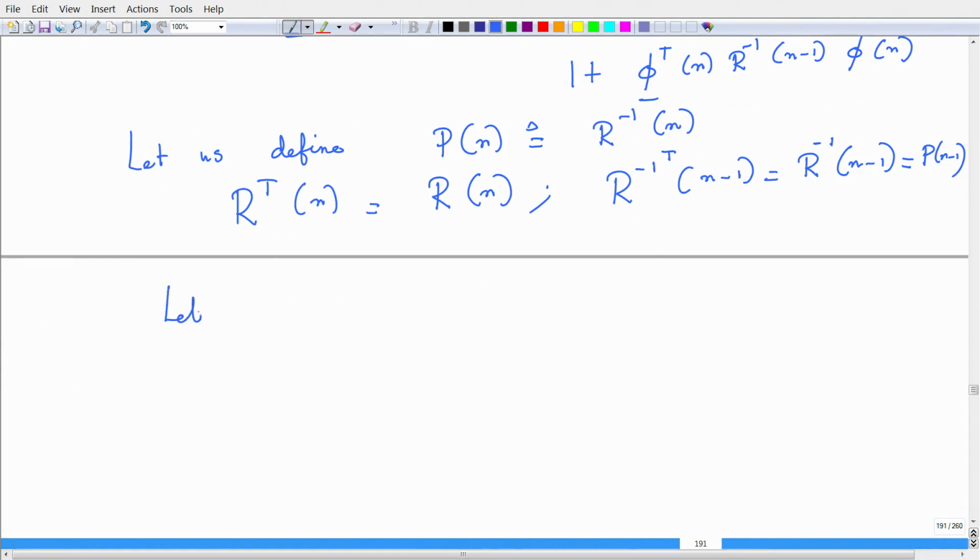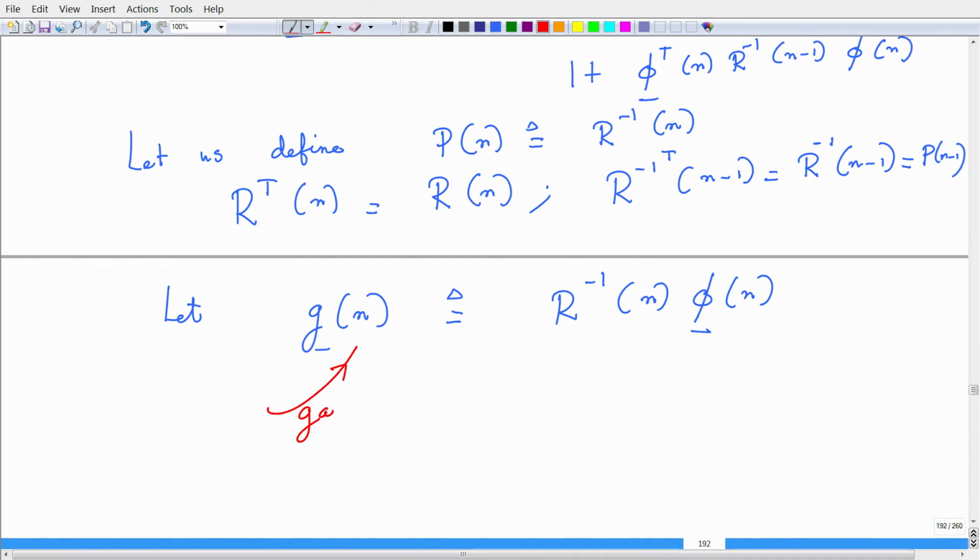So let G of n be defined as this term, which is given by R inverse of n times phi of n, and I call this the gain vector. So the gain vector G of n can be written as R inverse of n, which is basically P of n, times phi of n.